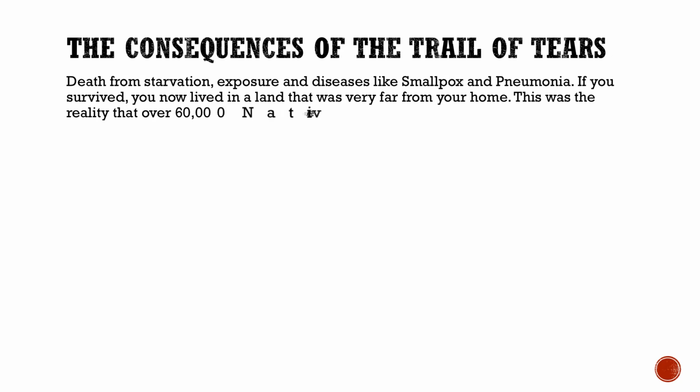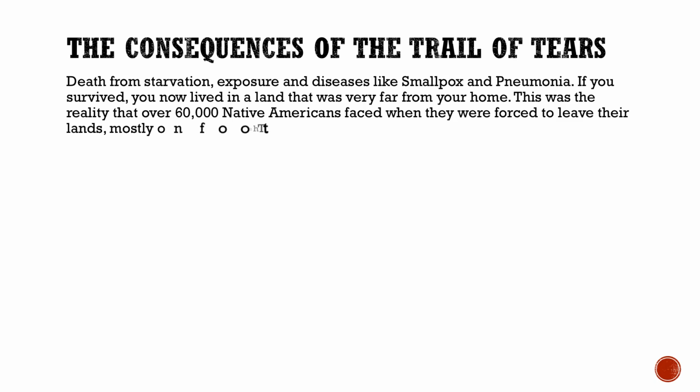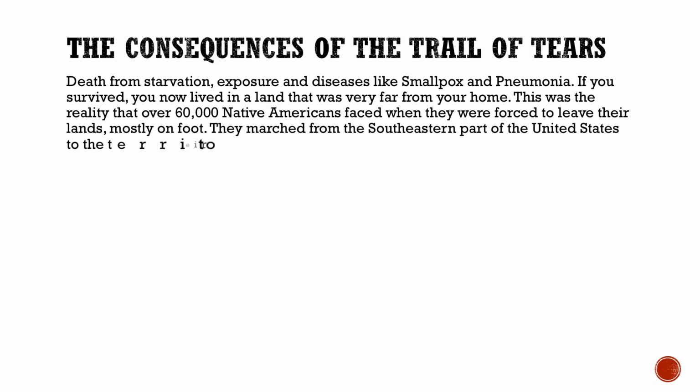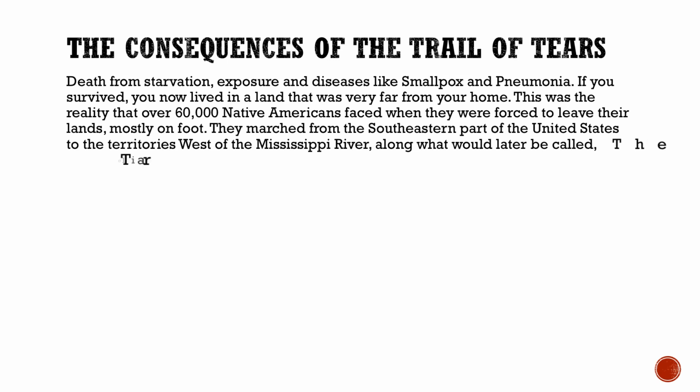This was the reality that over 60,000 Native Americans faced when they were forced to leave their lands, mostly on foot. They marched from the southeastern part of the United States to the territories west of the Mississippi River, along what would later be called the Trail of Tears, from the 1830s to 1842.